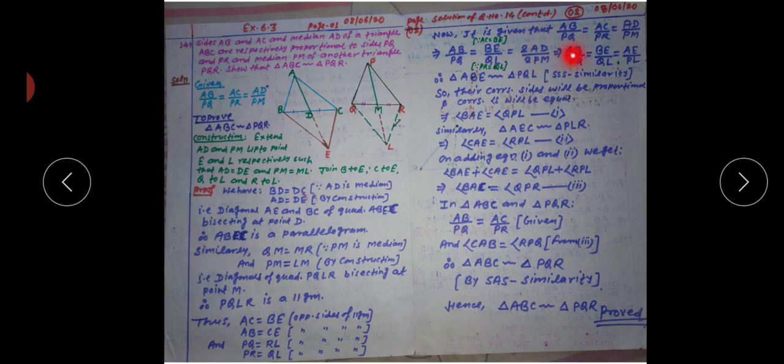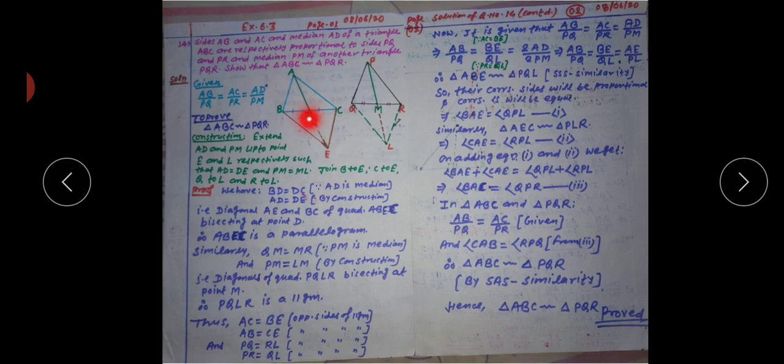Then we get AB upon PQ is equal to BE upon QL is equal to 2AD upon 2PM. 2AD will be equal to AE, because AD is equal to DE, so double of this length will be the whole length AE, and double of PM will be the whole length PL. So AB upon PQ will be equal to BE upon QL is equal to AE upon PL.